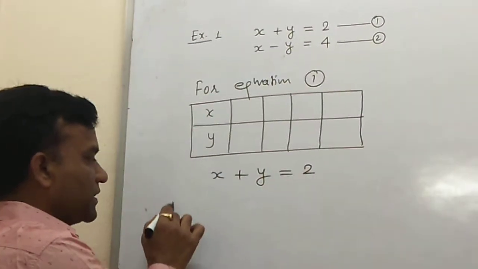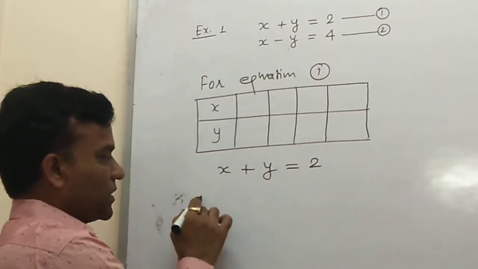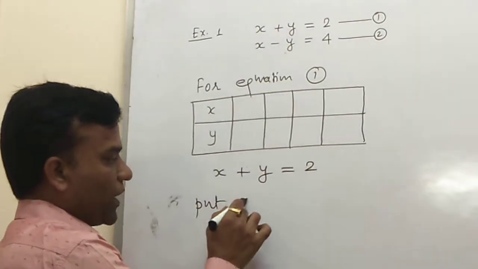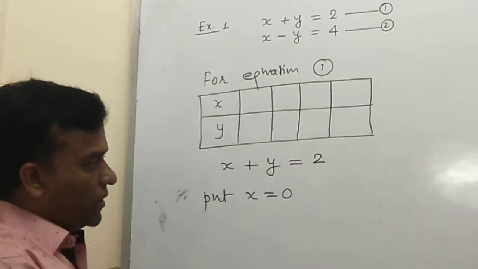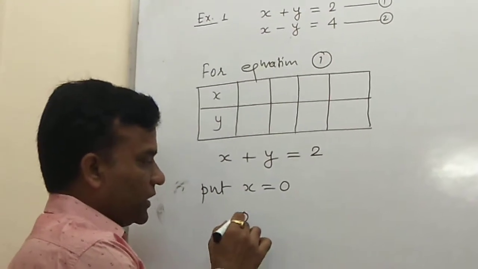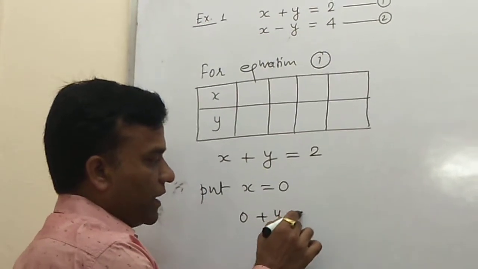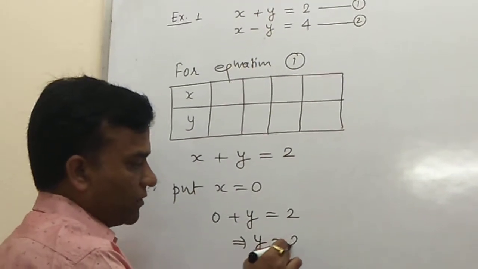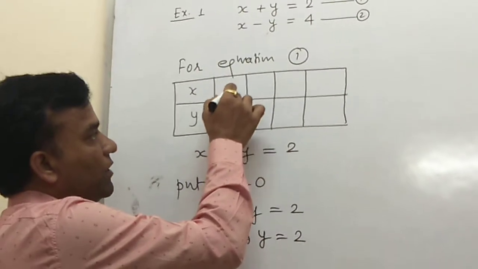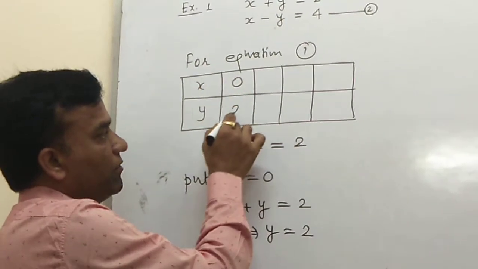Then we start substituting. First you find the point on the axis, and you put x equal to 0. If you put x equal to 0, then 0 plus y equal to 2. It means y equals 2.